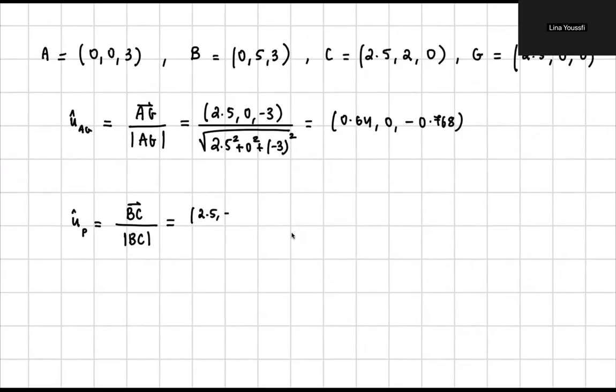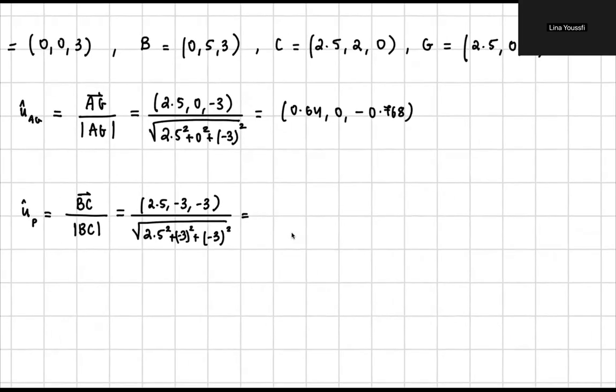Then 2 minus 5, that's -3. And 0 minus 3, that's -3. Then we divide by the magnitude, the square root of 2.5 squared plus -3 squared plus -3 squared. That gives us 0.508, -0.609, -0.609.